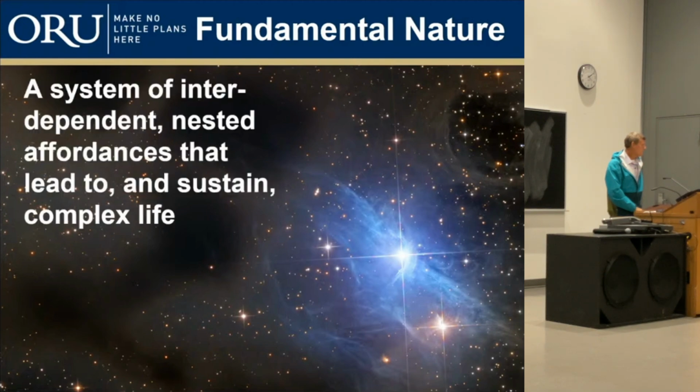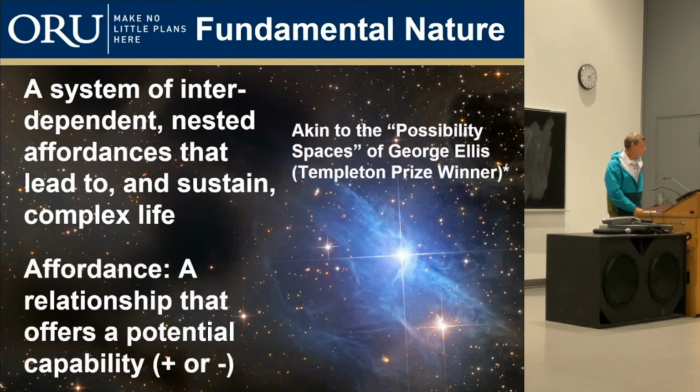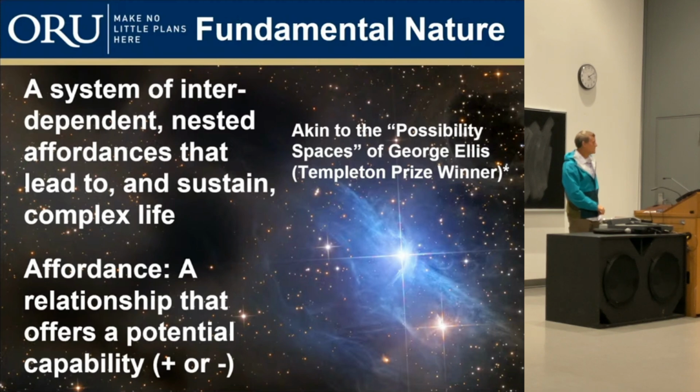This is also related to some work that George Ellis has been writing about in some recent posts. He's a Templeton Prize winner, if you don't know, very, very famous physicist. He's been talking about these possibility spaces.